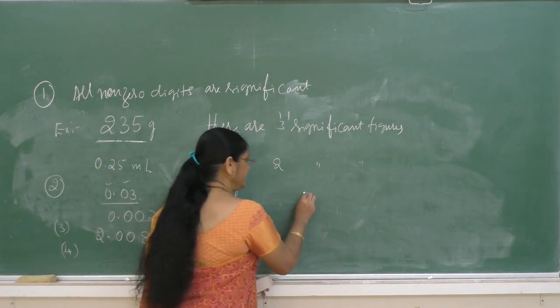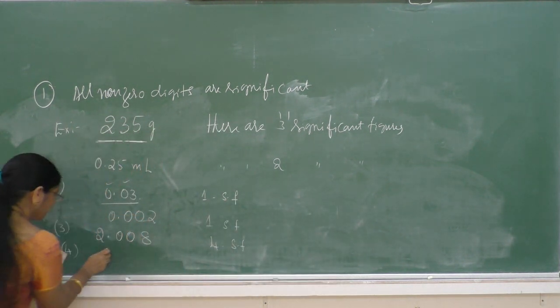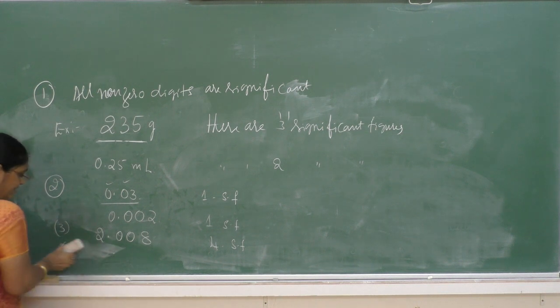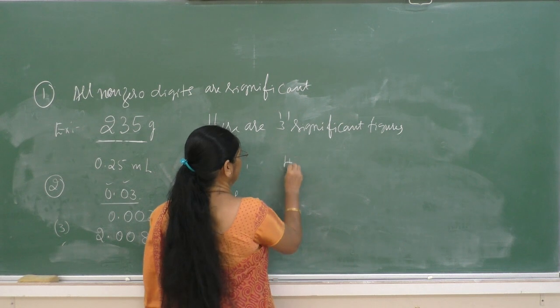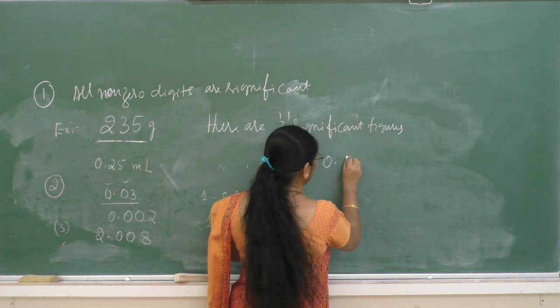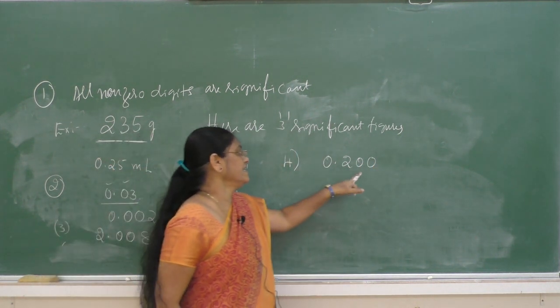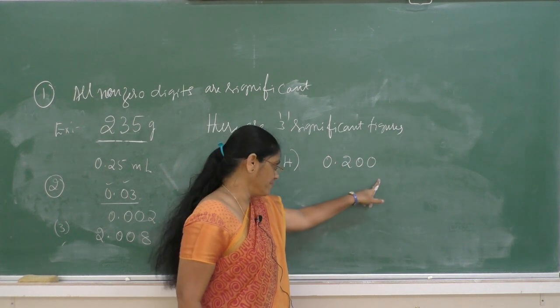I will write the fourth rule here. The example is 0.200. The zeros at the end are to the right side of the number.